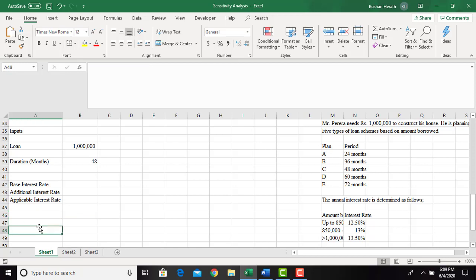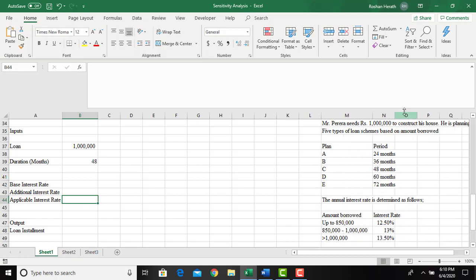Then you can identify the loan installment. So your output is going to be the loan installment. Here you need to do a kind of computation relating to the base interest rate and additional interest rate. Thereby you can figure out what is the applicable interest rate, right?